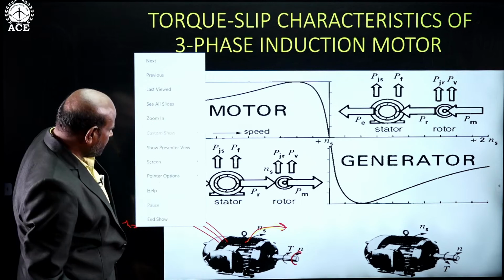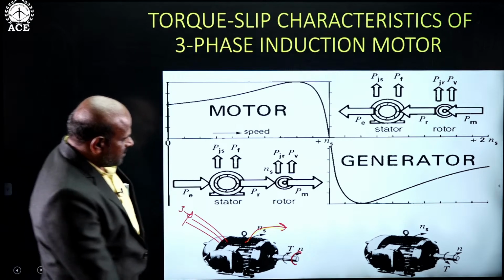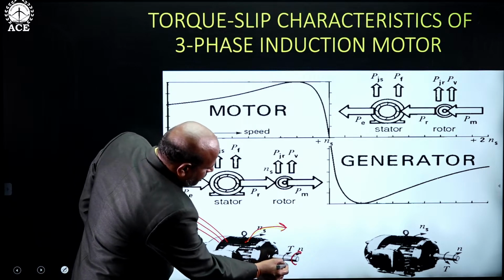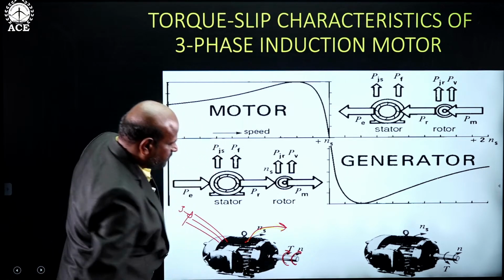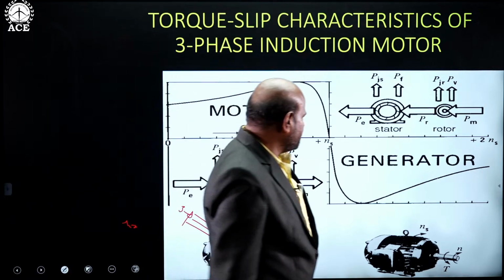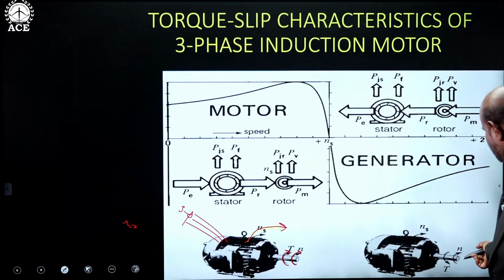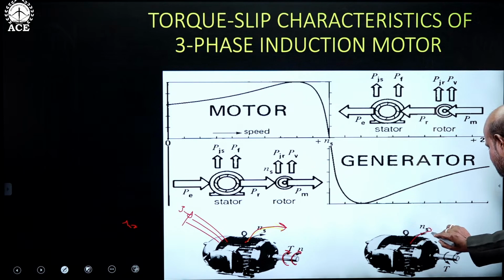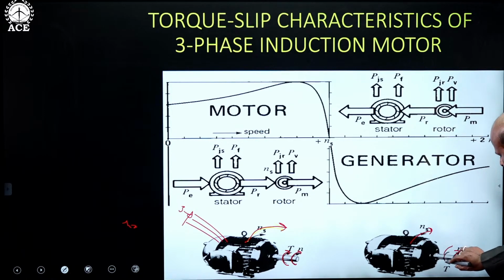Then the torque developed is also directly proportional to the speed, so torque is also in the same direction for motoring operation. If you see for generating operation, RMF is produced in this direction, and even though the rotor speed is the same, the torque produced will be in the reverse direction.